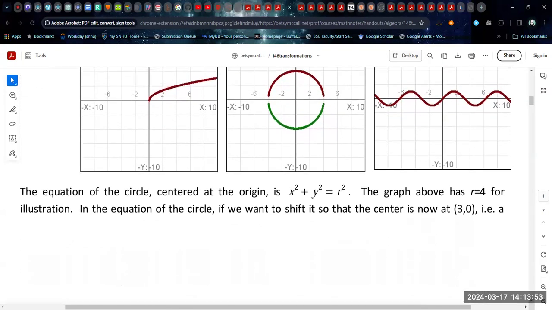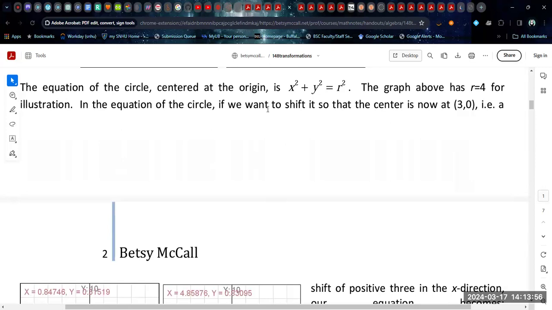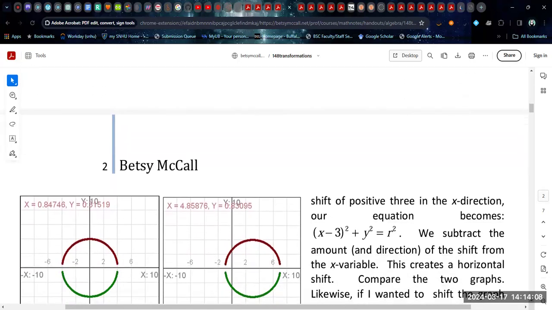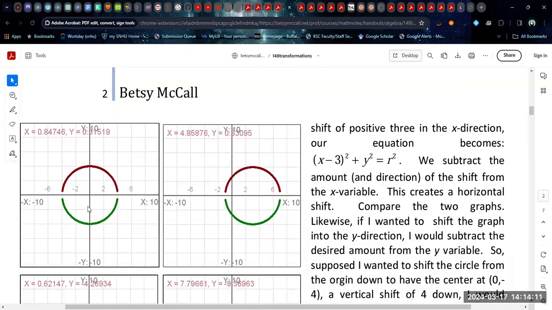Now, we're going to start with an example of a circle. If you're starting with a circle centered at the origin, and I want to move the center of the circle off the origin and recenter it at 3, 0, I can apply a horizontal shift. So I have my starting circle and I want to move it over so that the center is here.